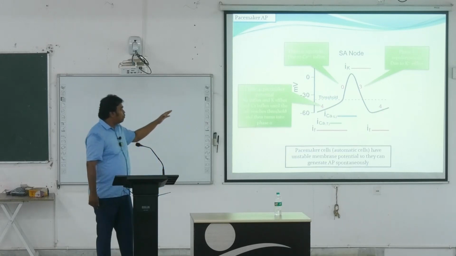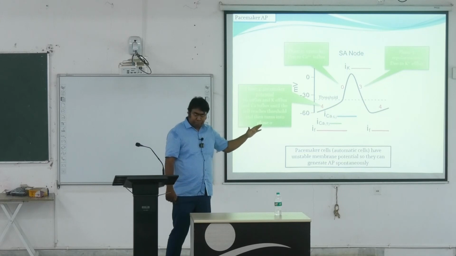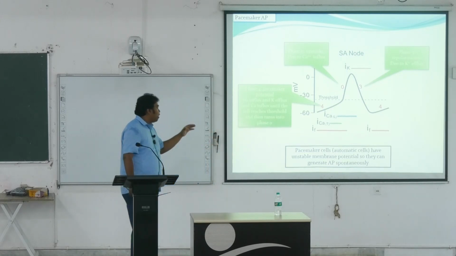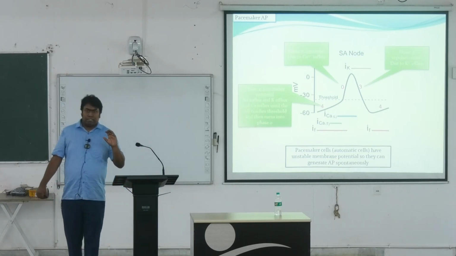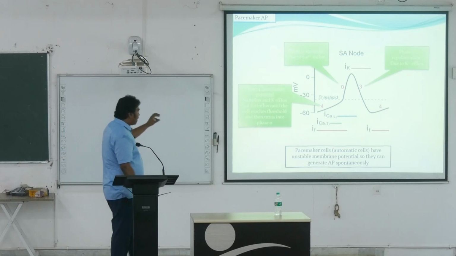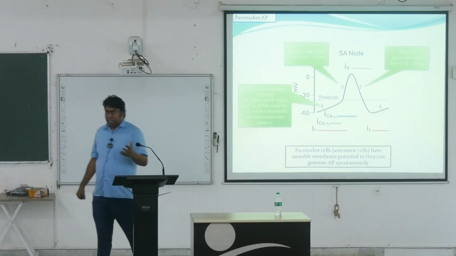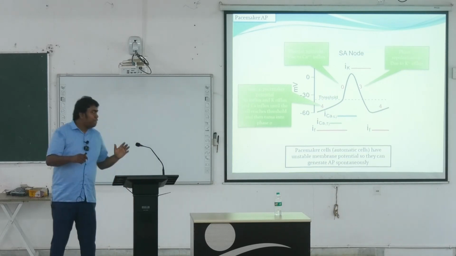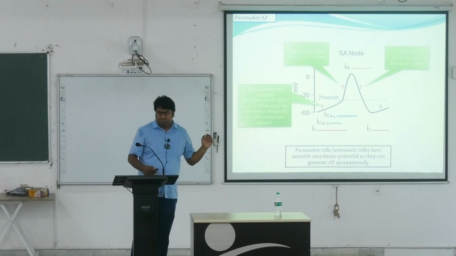It goes directly to phase 3. Phase 3 is due to the efflux of potassium. And there is a phase 4. In phase 4, there are 3 things going on simultaneously: influx of sodium, influx of calcium, and efflux of potassium. And that can lead to spontaneous automaticity.